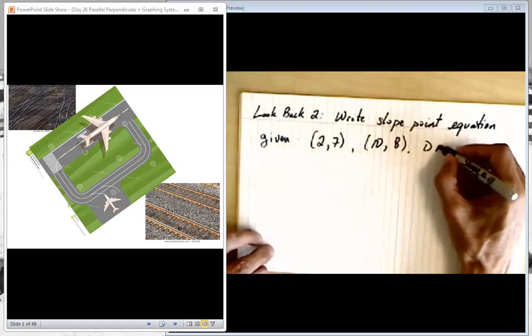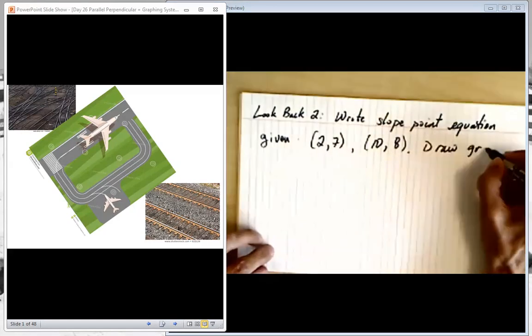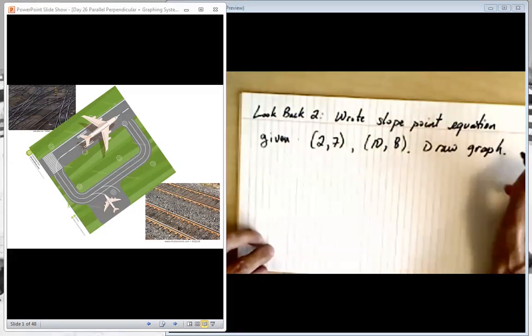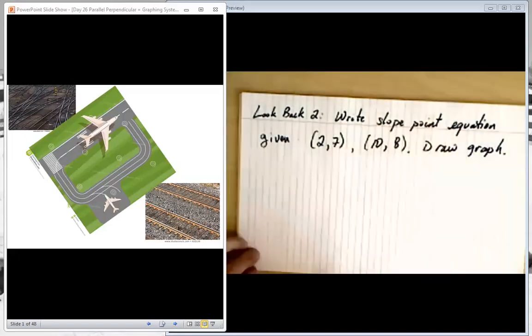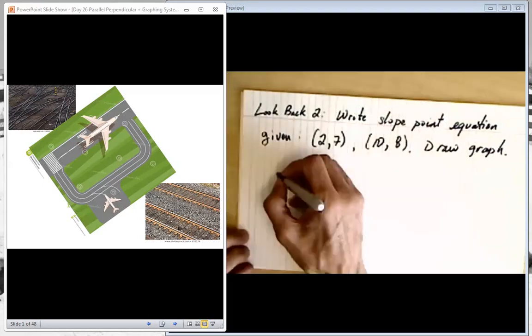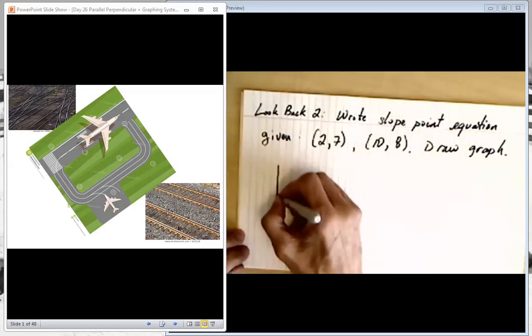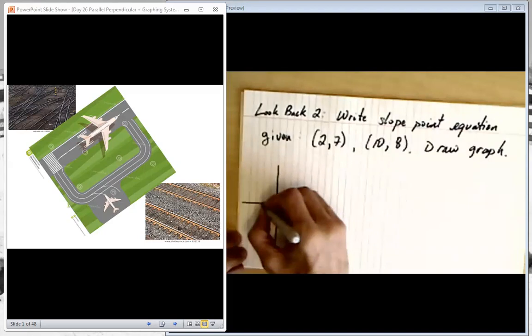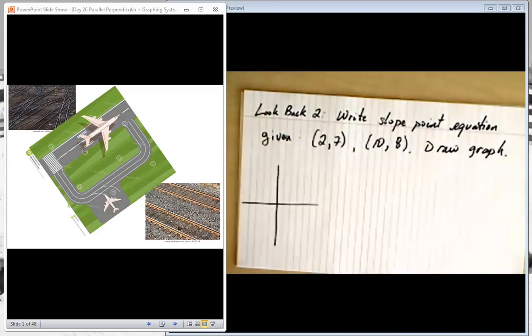Let's draw the graph for this one as well, just to make sure that's solid. 2, 7. Where's that going to be?